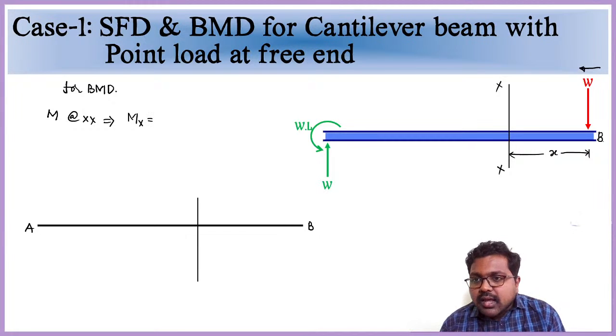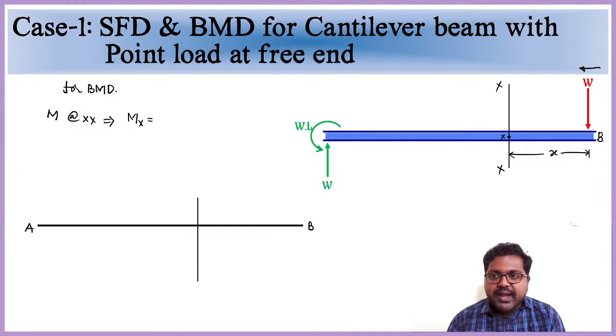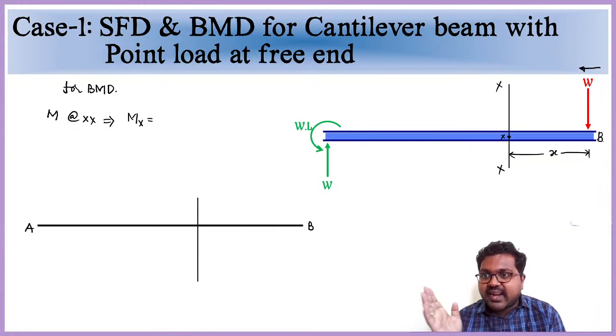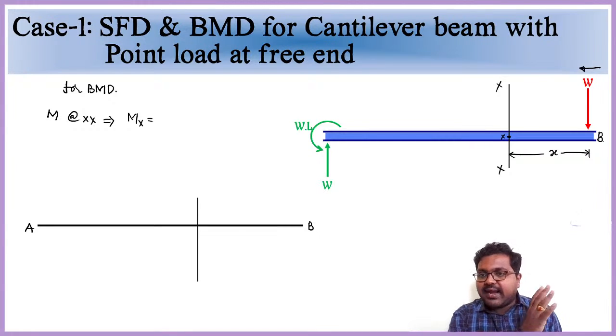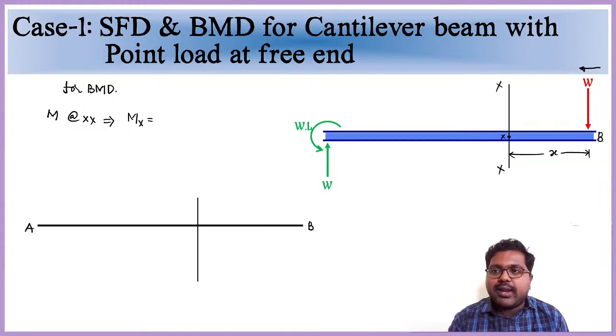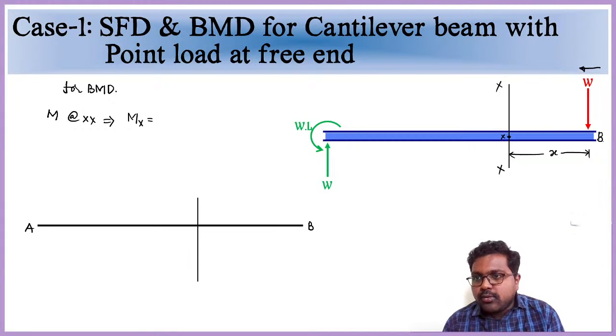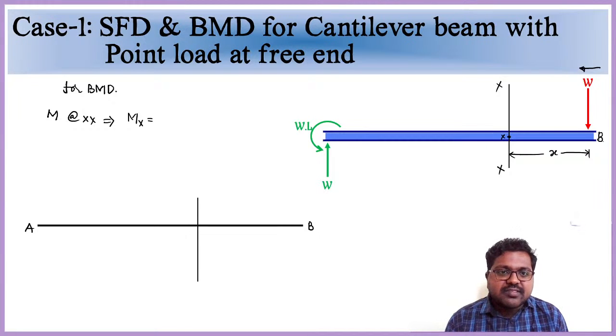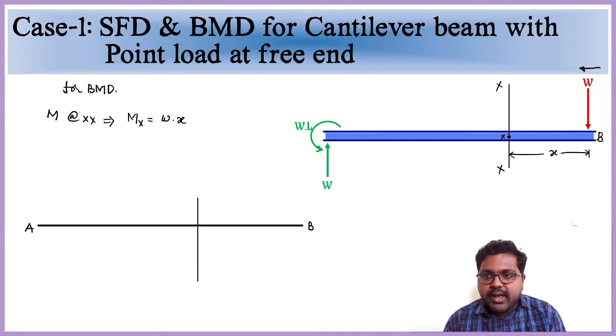Mx equal to, see, at this point, if I consider this point as x, the bending moment is acting due to this force W only. From the right hand side I am considering, I need to take only W. So W is acting at a distance of x. So the moment causing the moment at x is force W into lever arm distance x, that is Wx. M at x is Wx.